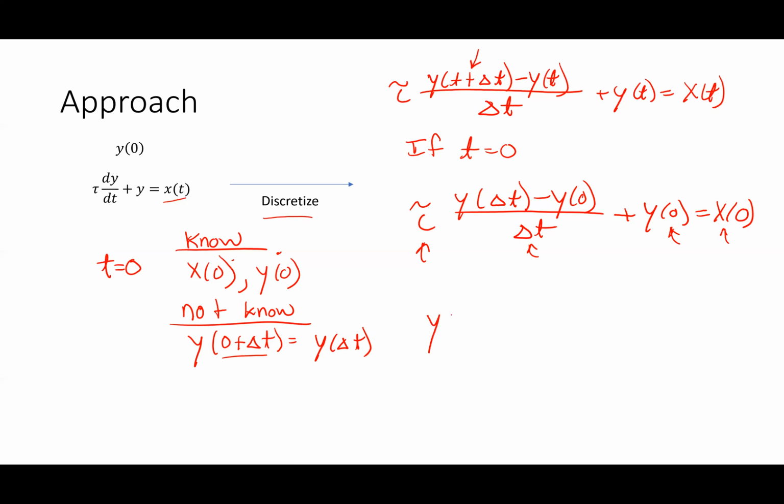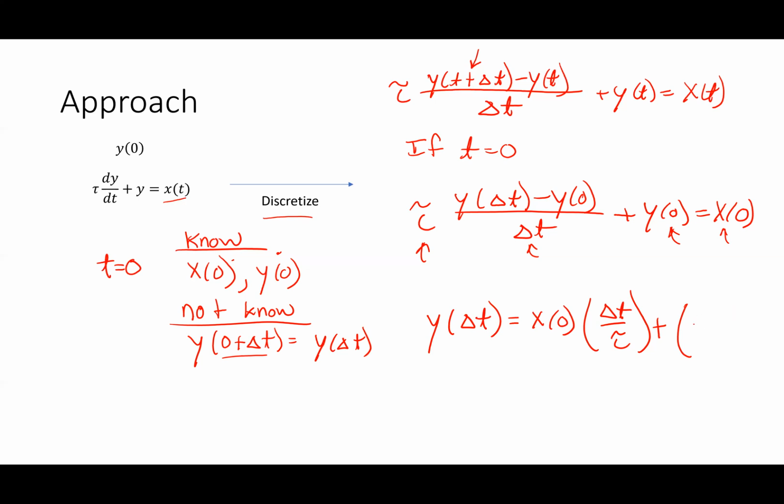I think I want to do that without actually walking you through all those steps. I'm going to try to do this in my head real quick. X of 0 times delta t over tau plus delta t.